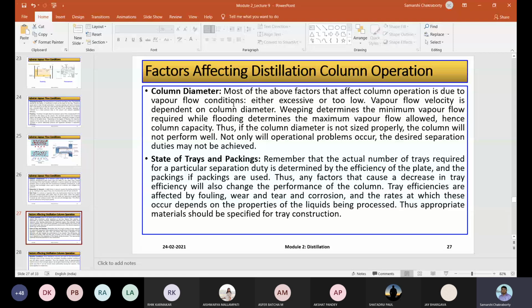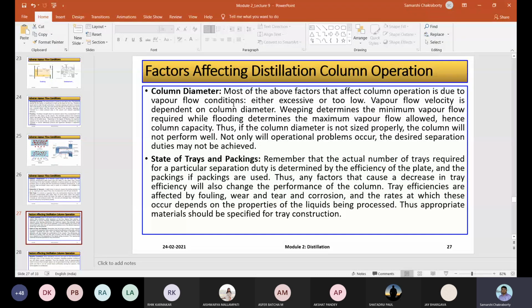But obviously the suspended solid should be removed before it enters your distillation column, or else even if you use some anti-corrosive trays inside your distillation column, because of the fouling, the performance of your distillation column is going to go down.